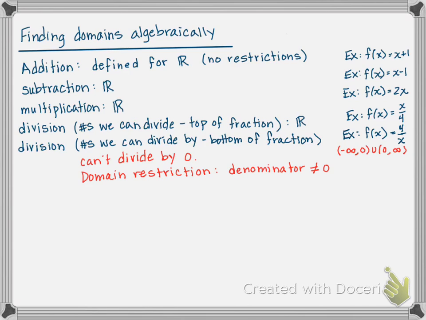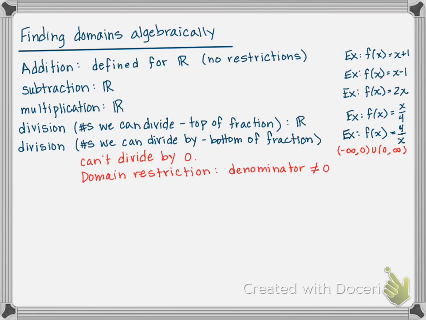So for instance, if my denominator was x minus 1, then x could be anything except for 1, because if I put 1 into my denominator, it would make x minus 1 into 0. Does that make sense? So it's not that x can't be 0, it's that whatever the denominator is cannot be 0. And that's your domain restriction. And we will do lots of examples of these, so you'll get to see this in action.